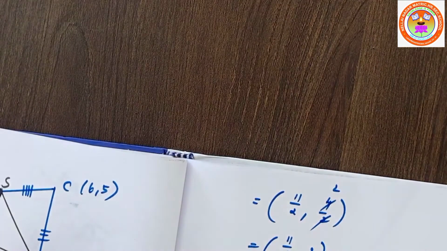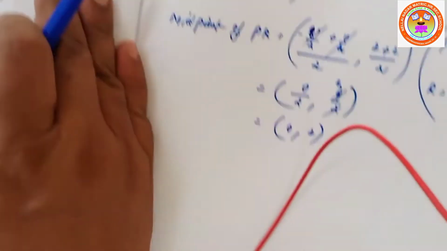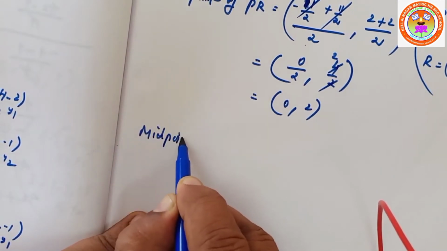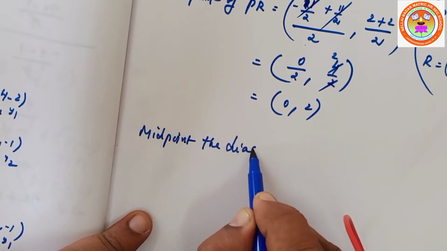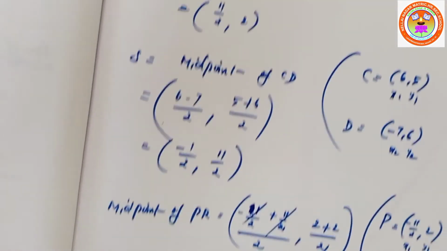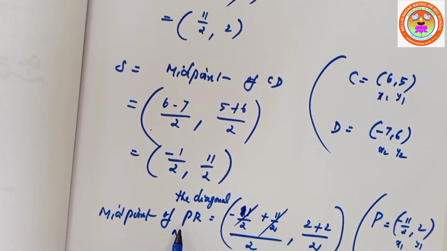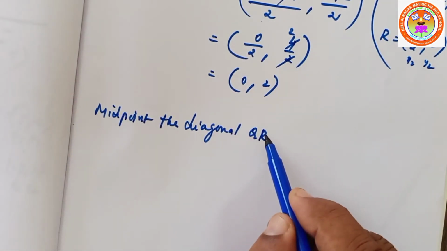Now another diagonal, QS. We have to find the midpoint of the diagonal QS. Midpoint of the diagonal PR and midpoint of the diagonal, sorry, here QS, not QR, QS.